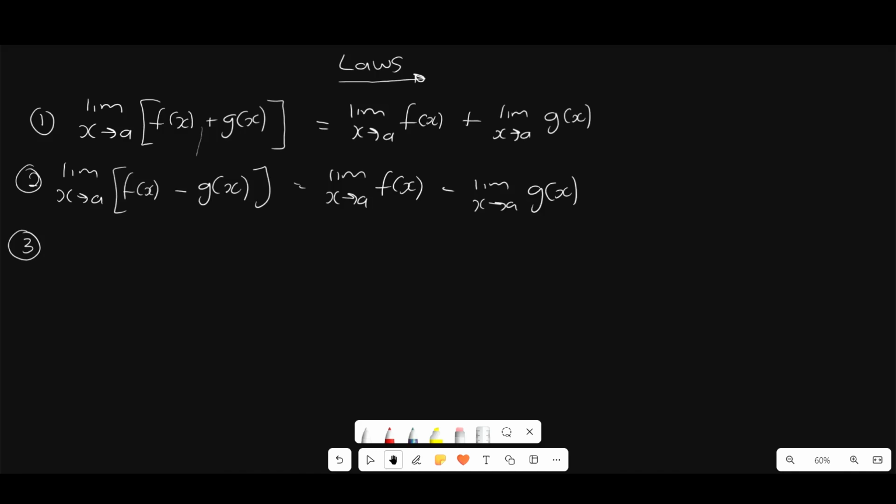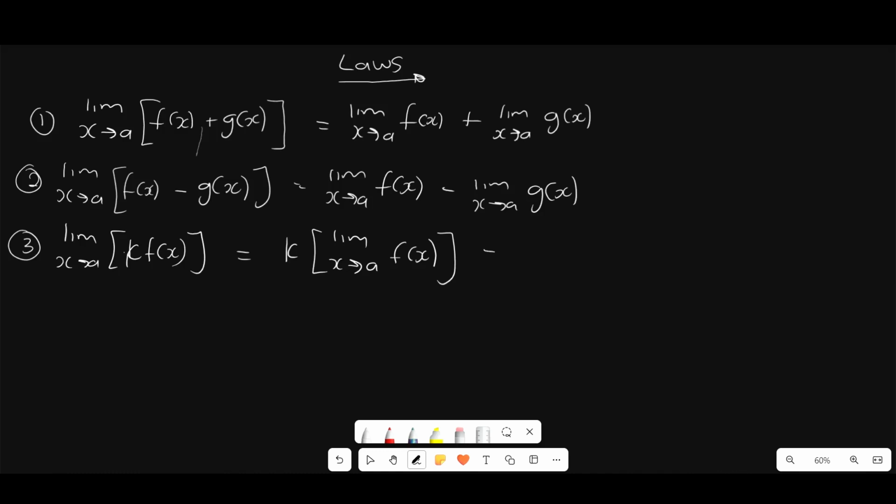Law 3 is basically when we multiply by a constant, right? So let's say the limit as x approaches a of k f(x). Here k is my constant, meaning I can take k outside and say k times the limit as x approaches a of f(x).